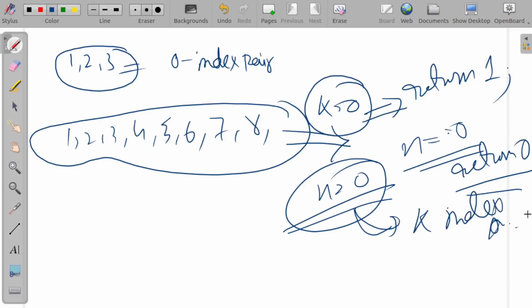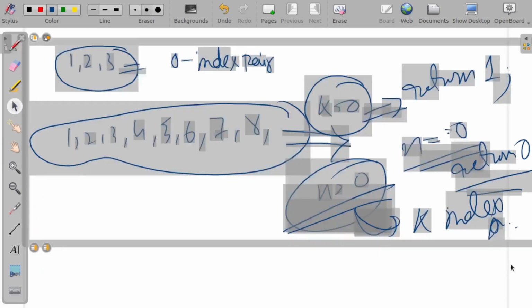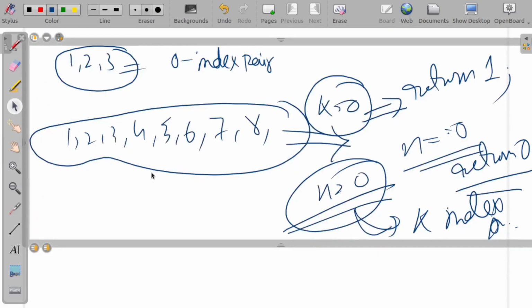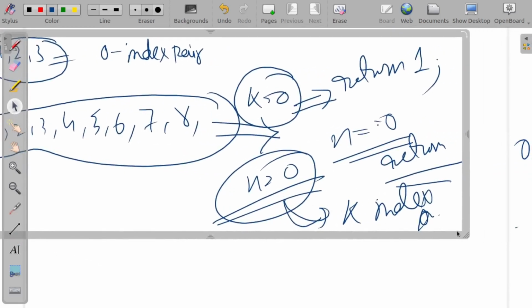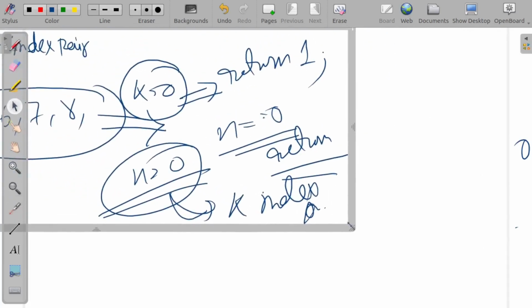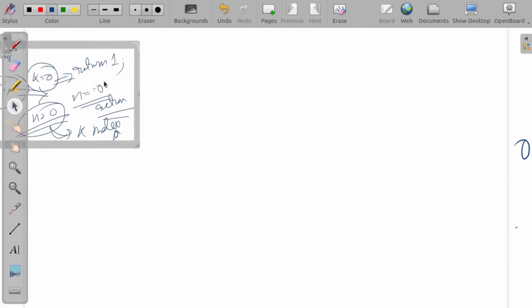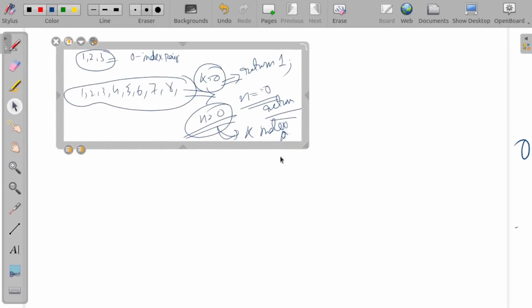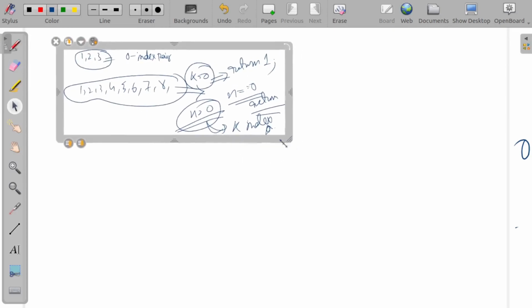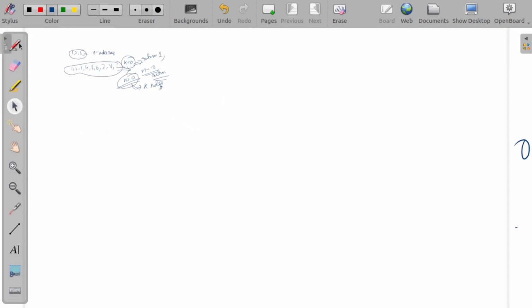So let's focus on the logic behind that, what is happening. Suppose 1 2 3, the length is 3.